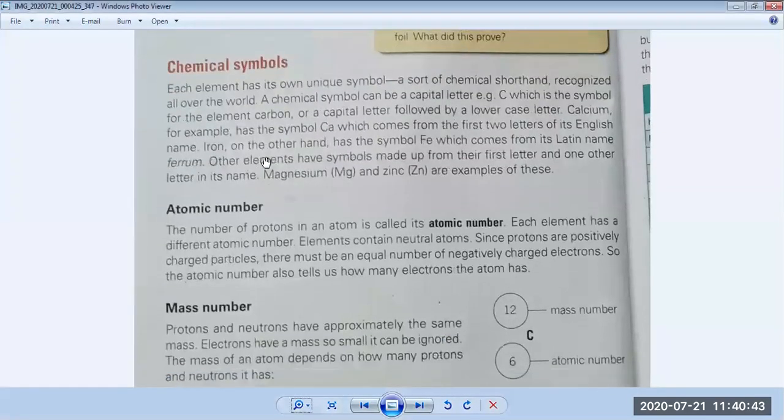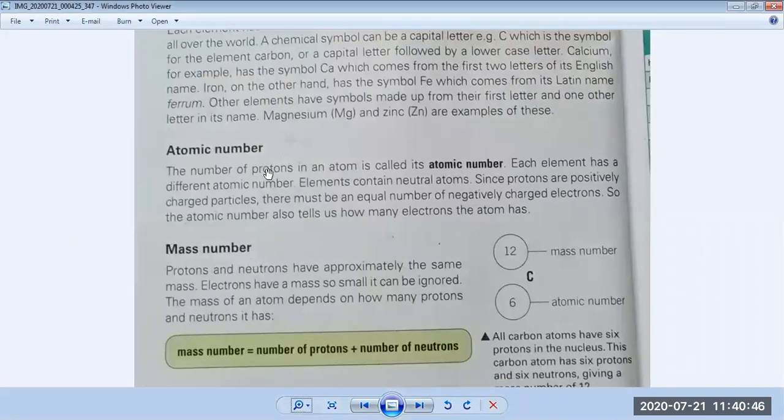The number of protons in an atom is called its atomic number. I have told you that in the center of an atom there is a nucleus. And in the center of the nucleus, two types of particles are present.